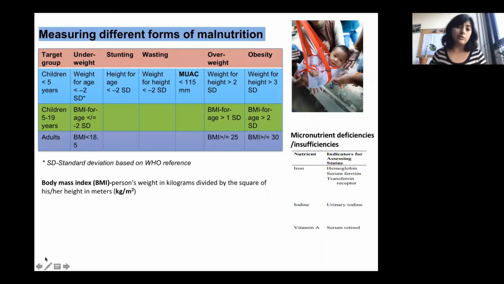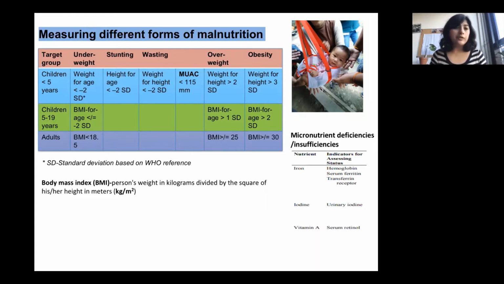the nutritional status. If we look at children under 5 years of age, we already discussed underweight, stunting, and wasting. We also measure wasting using the mid-upper arm circumference. For overweight and obesity, there are also standards that we measure against, and normally we rely on the WHO growth standards.